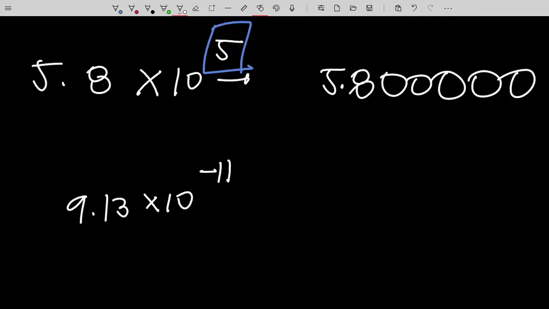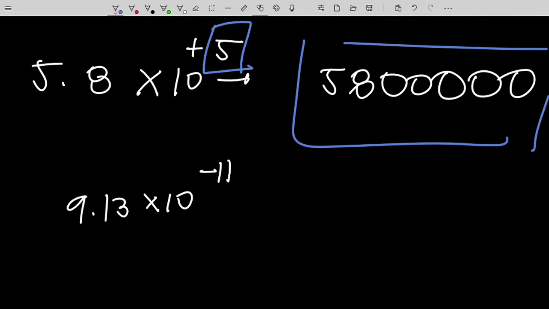I also want you to know that when you have a positive exponent, the zeros go from the last non-zero digit, which is your 8, to the right direction. Next, of course, remove your decimal point. And here is your answer, which is 5.8 million.